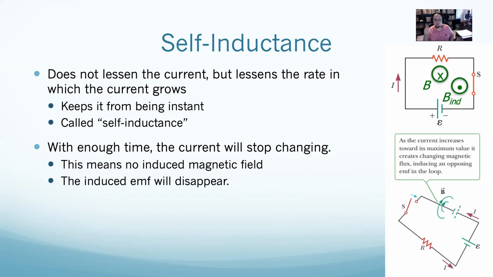And since the magnetic field stops changing, it stops inducing an EMF. So with a simple circuit, when you close it, it doesn't instantly move all the voltage. The voltage on the resistor starts at 0 and works its way up to the voltage of the battery. But it will still always eventually hit the voltage of the battery.